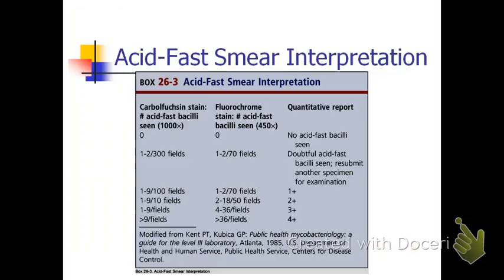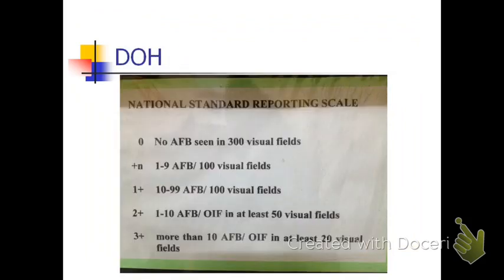Okay, so this is the modified smear interpretation released by the CDC. But what I'm discussing is the DOH National Standard Reporting Scale. So if you are assigned in RHU, Rural Health Unit, it's very important that you are familiar with this interpretation scheme.